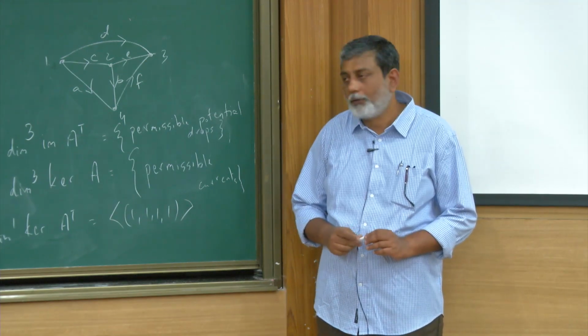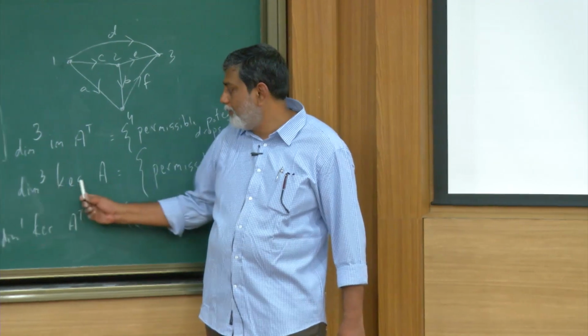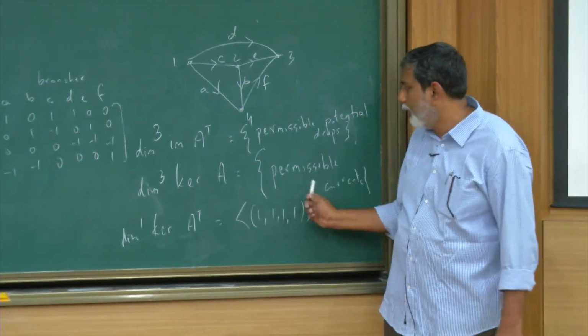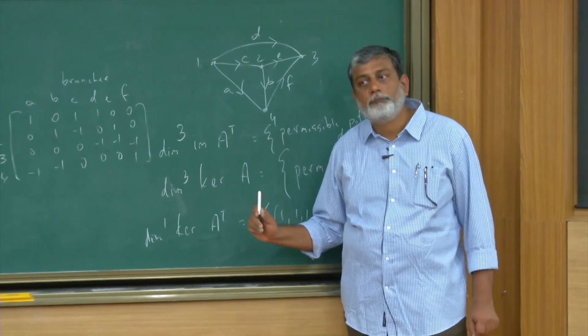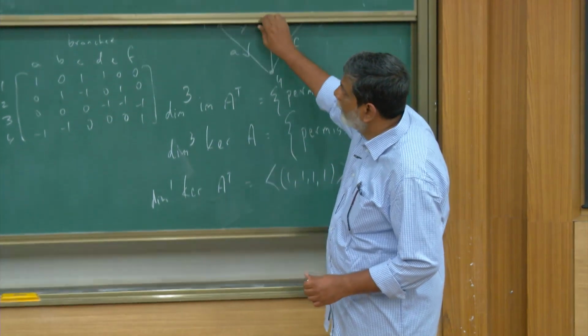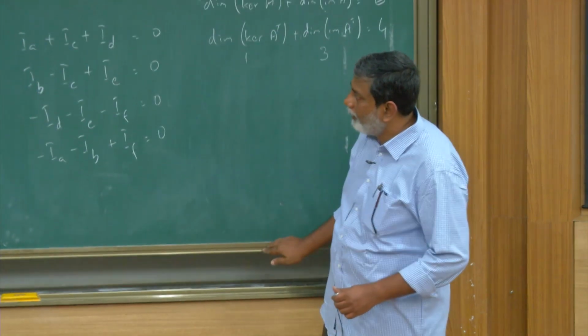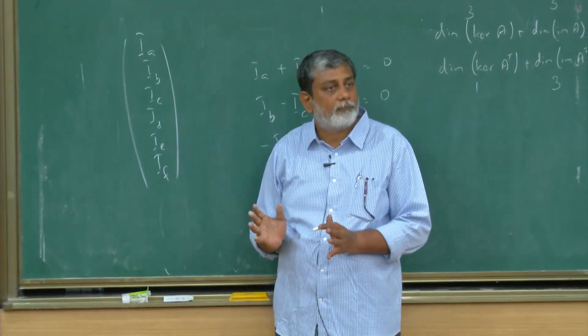Okay? All right, importantly, the dimension of kernel of A, permissible currents, is 3-dimensional. Okay? It's 3-dimensional, and these are vectors of size 6.